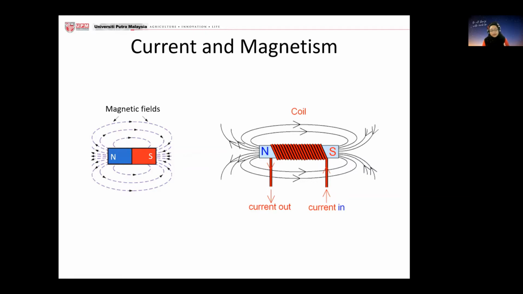If you have a normal magnet, it has its own poles, north and south pole. Magnets have magnetic fields, and the direction always goes from north to south.